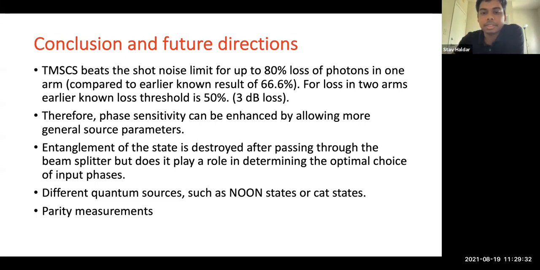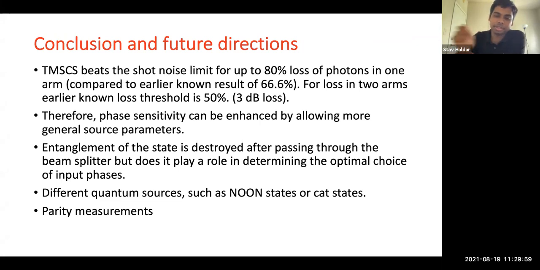So as we said, phase sensitivity can be enhanced by allowing more general source parameters. It would be interesting to note the role of entanglement, because although we know that after passing through the beam splitter, it's just two single mode squeezed states and it's no longer entangled, all the phase sensitivity is maximized exactly where the entanglement is maximized for the theta equal to pi choice.